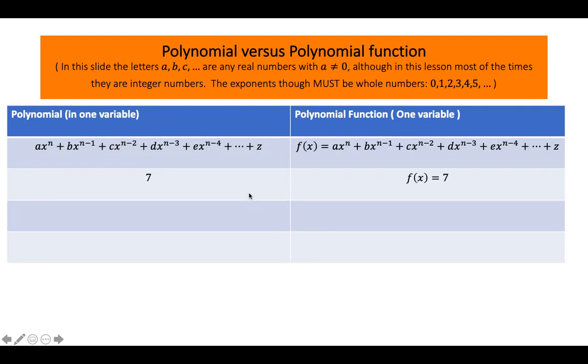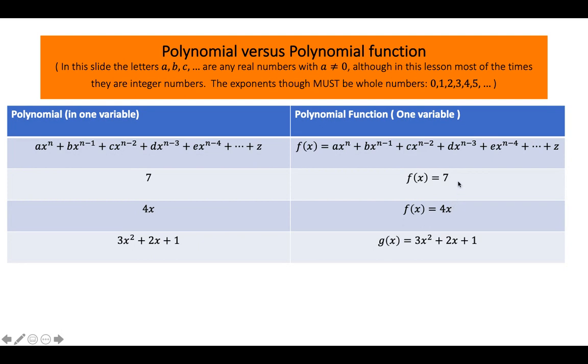So for example, f of x equals 7. Here we are thinking of points as (0, 7), (1, 7), (2, 7), and so on and so forth. Same thing here. Same thing there. We do this when we graph, because a function will have a graph, a polynomial doesn't. These are just expressions, whereas this is a relationship between two numbers.